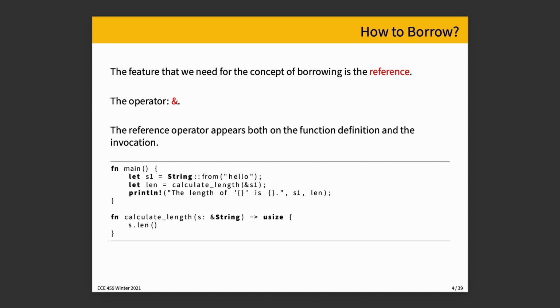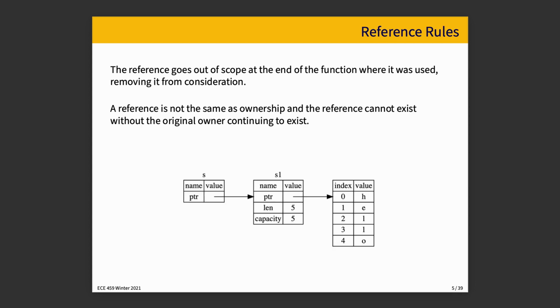So a reference is important to distinguish from actual ownership. It's part of the ownership system, but it isn't the same as ownership in any sense. A reference cannot exist without the original owner continuing to exist. As we see here, s being a reference is pointing to s1, s1 being the string that we defined previously, using this diagram here from the official docs to illustrate it.